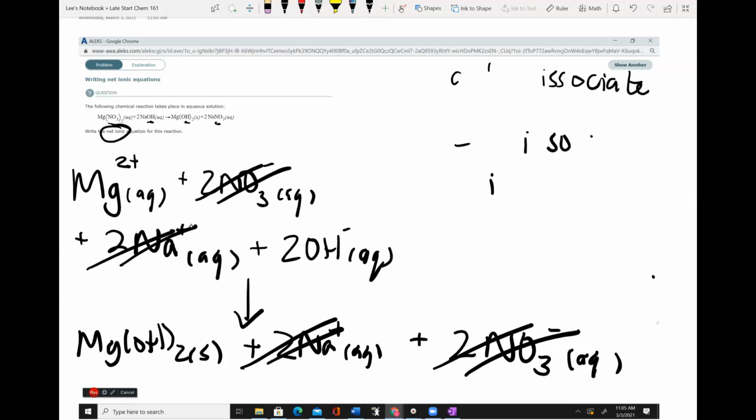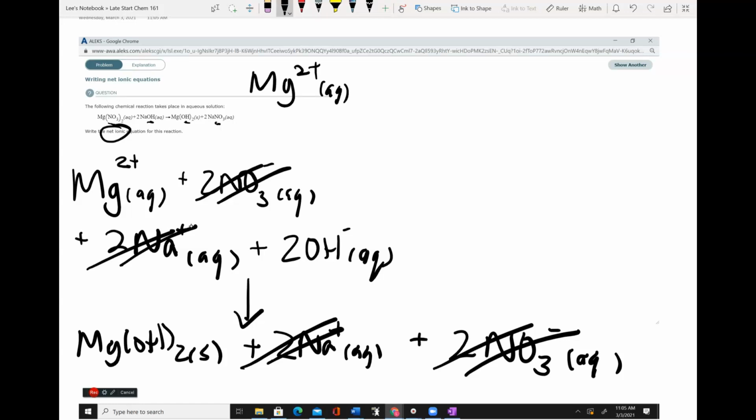So what I did was go to the complete ionic equation, or total ionic equation, and then eliminated spectator ions in order to get the net ionic equation. The net ionic equation is Mg2+ (aq) plus 2 OH- (aq) gives me Mg(OH)2 solid. And there we are.